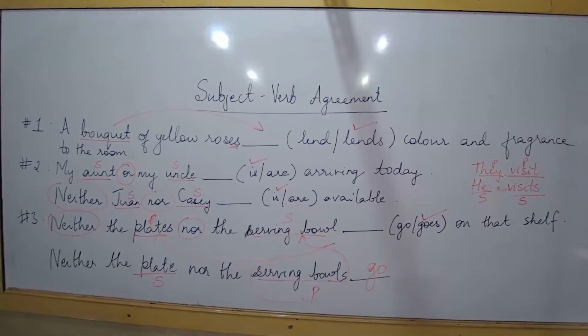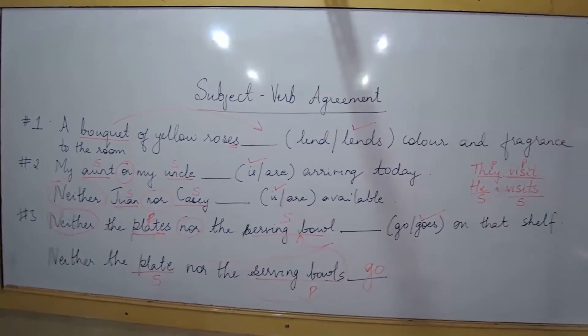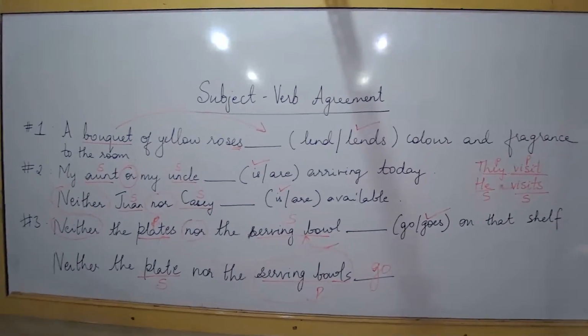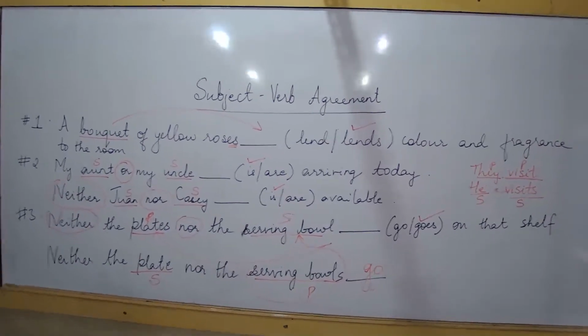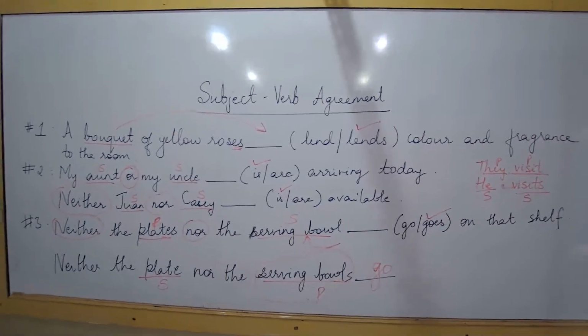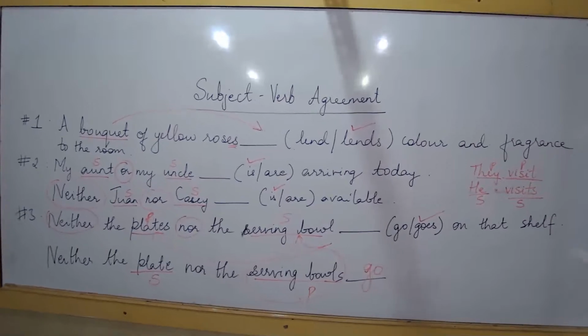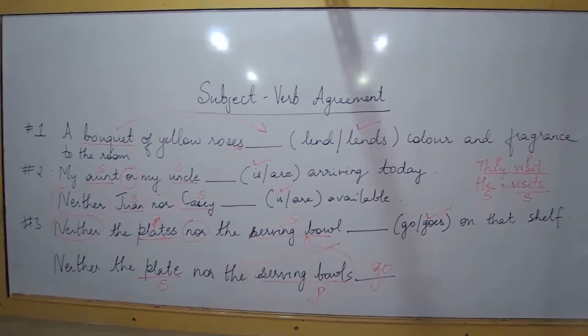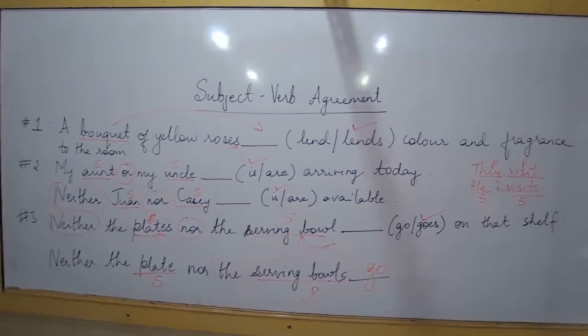Then write down the next rule. Rewriting that sentence. So always, if the nearest word is plural, you only use go.